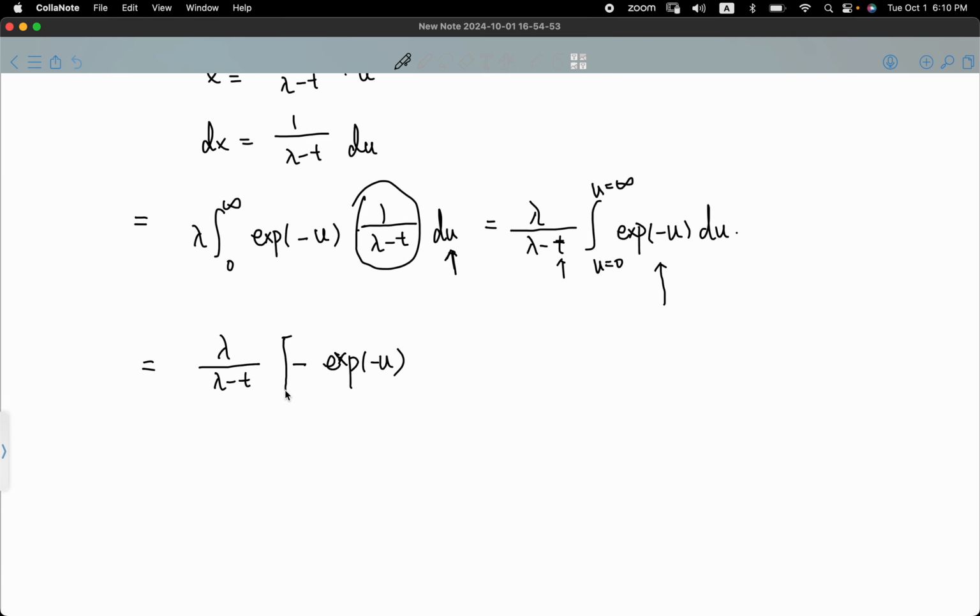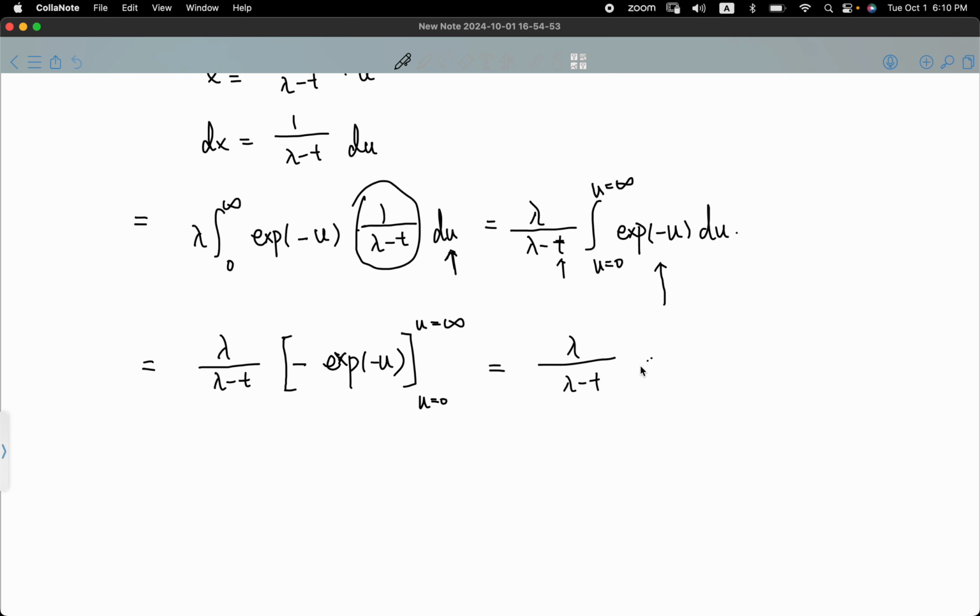So maybe let me use a square bracket to cover this. Inside the square bracket is the result from your integral. And we want to evaluate, again, u from 0 to infinity. So what does this give you?